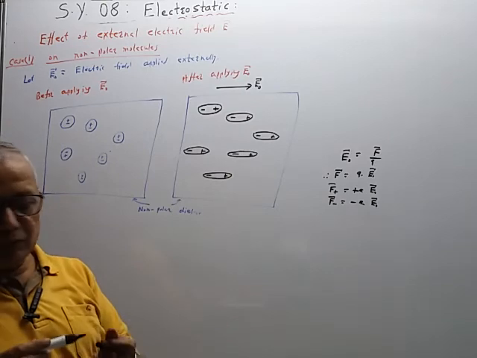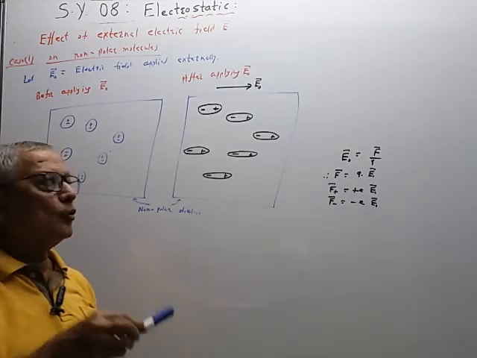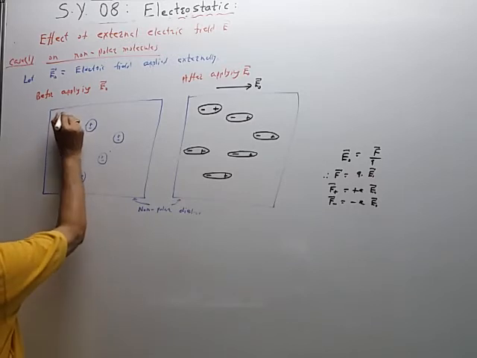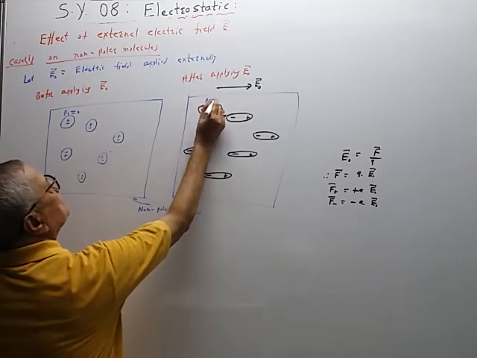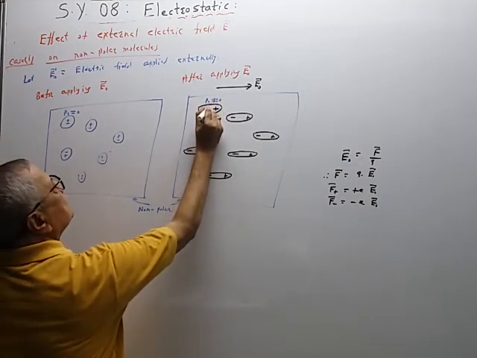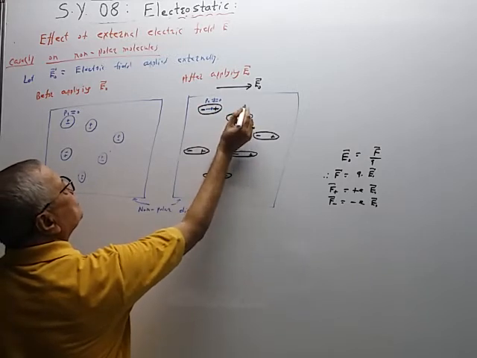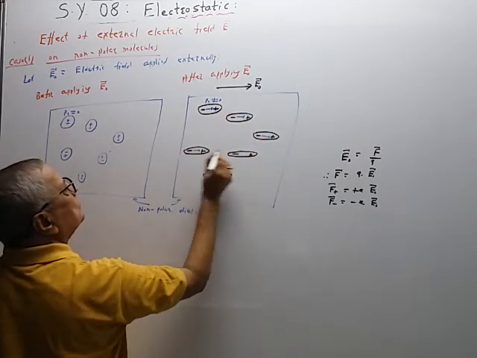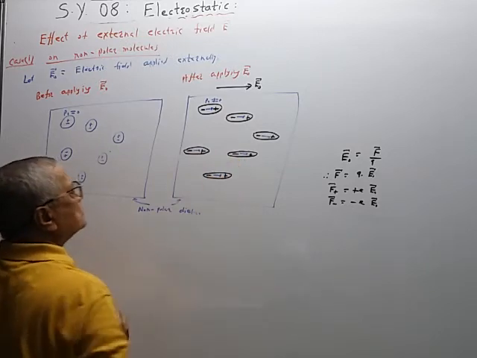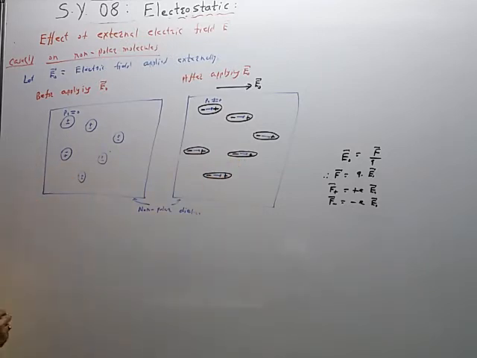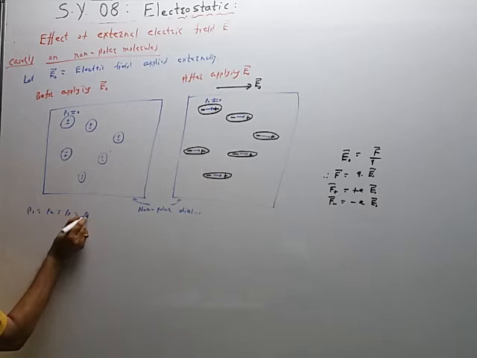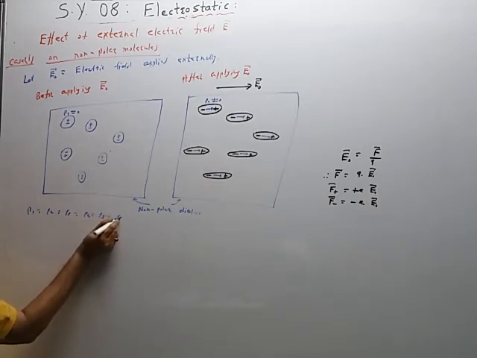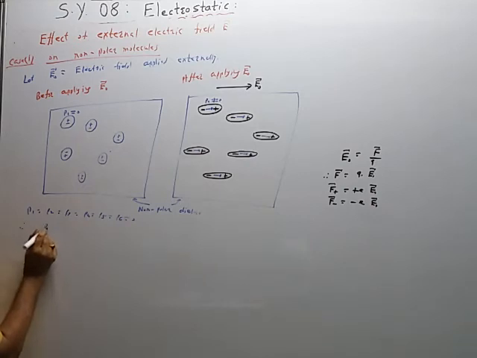So all the electric dipole moments are in the same direction. Before the field, P1 is equal to 0. Now P1 is not equal to 0, and it is directed like this. P2, P3, P4, P5, P6. Before the field, P1 is equal to P2 is equal to P3 is equal to P4 is equal to P5 is equal to P6 is equal to 0. Therefore, P total is also 0.